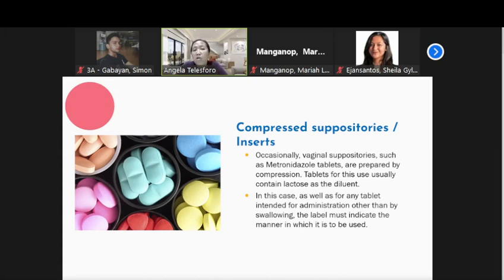So, we usually insert it into the vagina at parang suppository, but technically, tablet siya. Okay, kaya we call it inserts. And they contain lactose as the filler or diluent. So, dapat naka-label ha, kasi baka inumin ng pasyente. So, dapat ma-label na vaginal inserts yung ilagay.